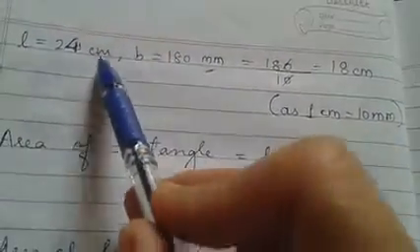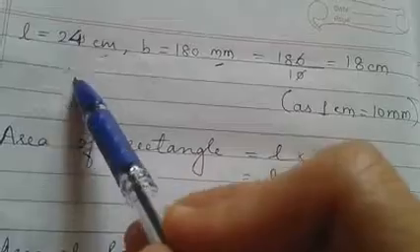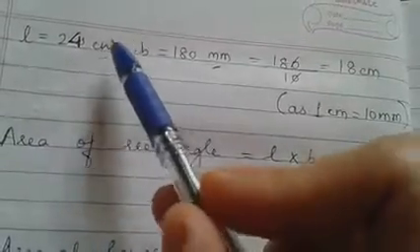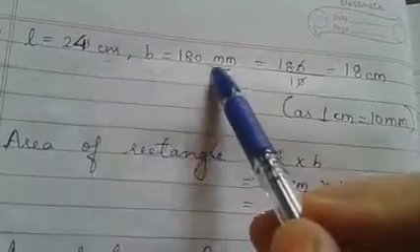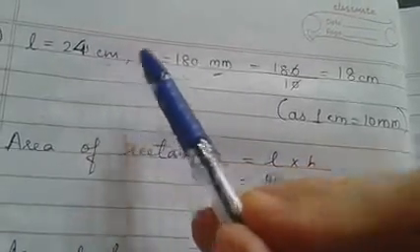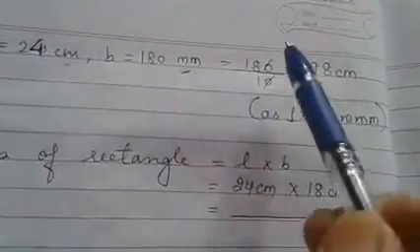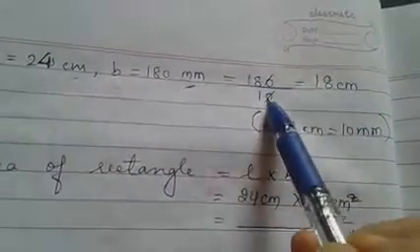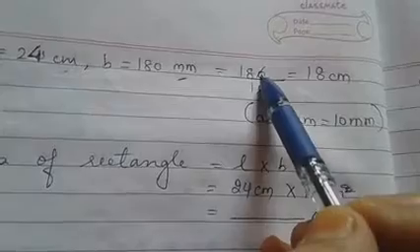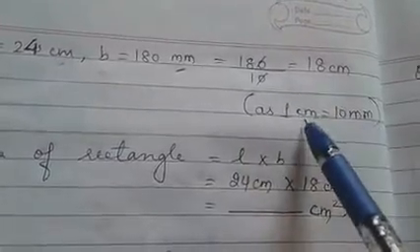You can convert this into mm also by multiplying by 10, so 24 multiplied by 10 will give you the centimeter conversion into mm. But I have not done this. I am converting mm into centimeter. So 180 upon 10, the 0 got cancelled, 18 centimeter.